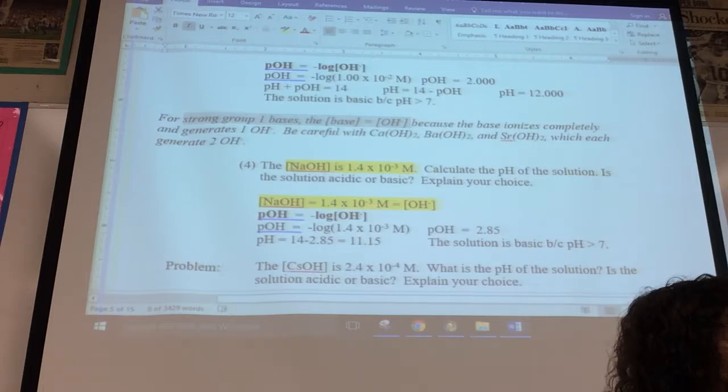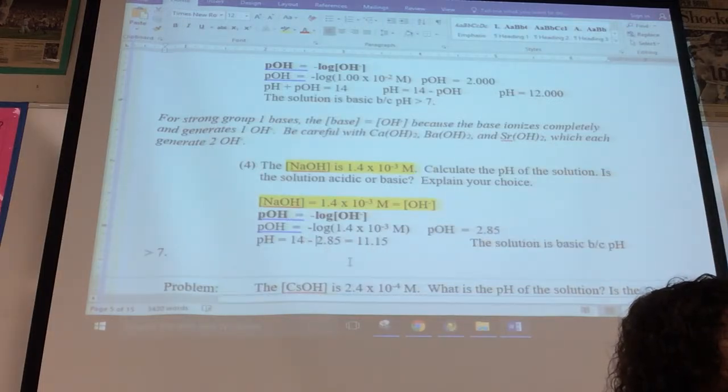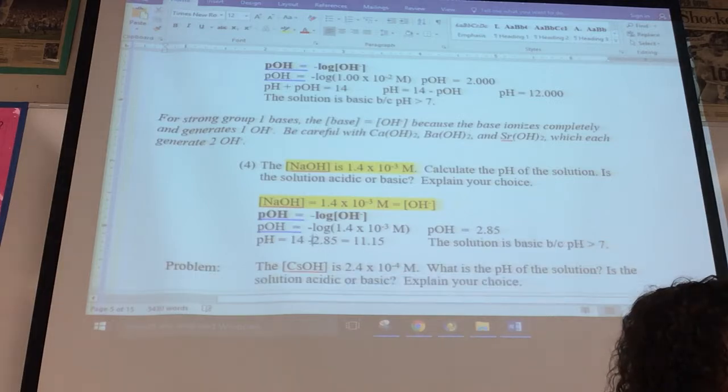This is a strong base, so that also is equal to the concentration of hydroxide ion because of the 1-to-1 mole ratio we showed. POH is equal to the negative log of this concentration. The POH is 2.85. Subtract it from 14, and you will get the pH, which is 11.15, a basic solution with a pH greater than 7.